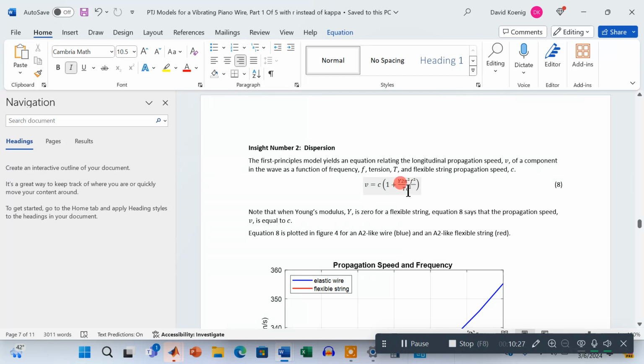So c is the propagation speed of the flexible string. v is the propagation speed of the string that has elasticity.